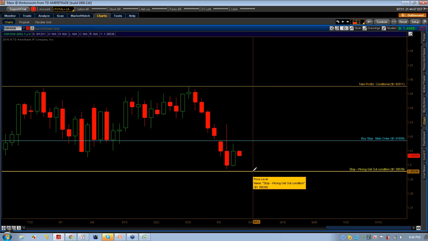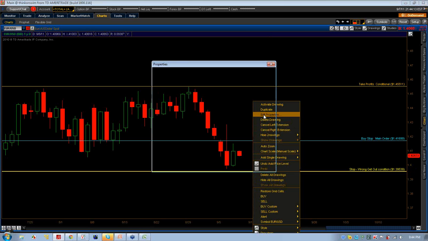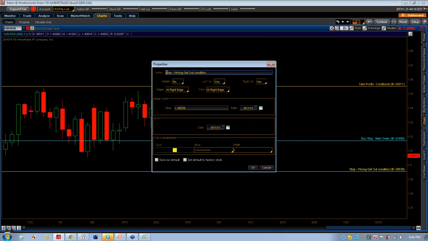Everyone okay with that? So this is called a sell stop. The reason why is I'm going to sell to get out of my bought position, and I'm doing it to get out.